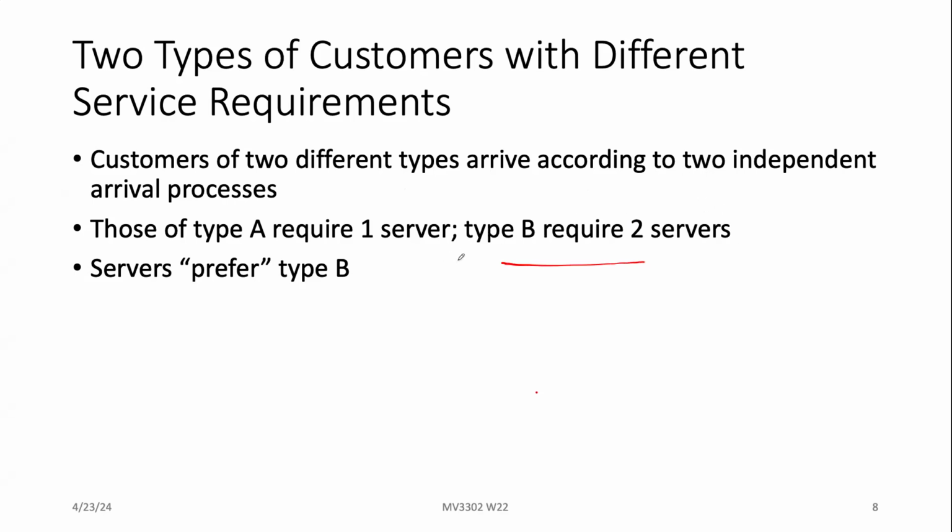I'm calling them A and B just to make sure there's no confusion with the other one. So now type B requires 2 servers, and they're actually the ones that I'm going to prefer. And again, all of this, the assumptions can be examined.